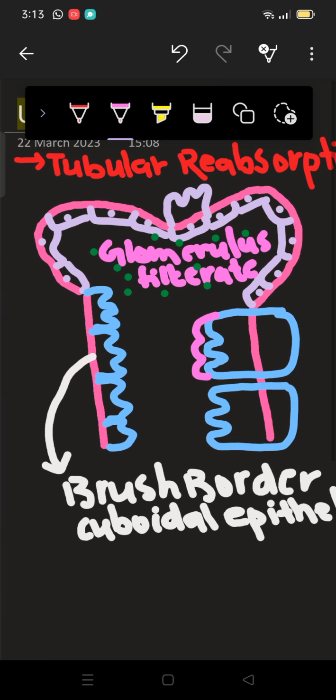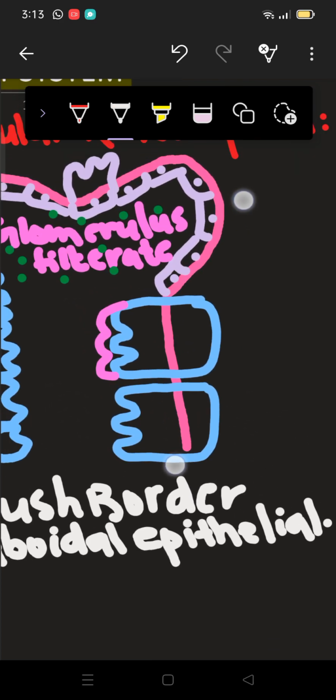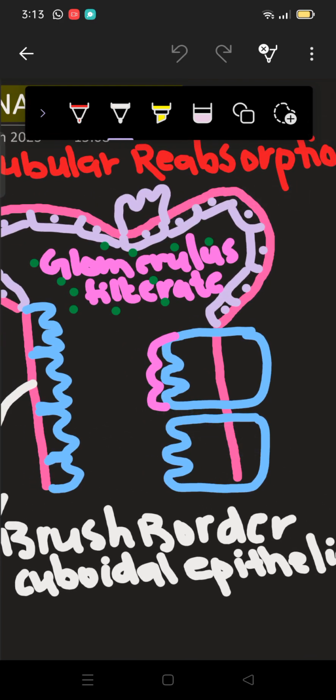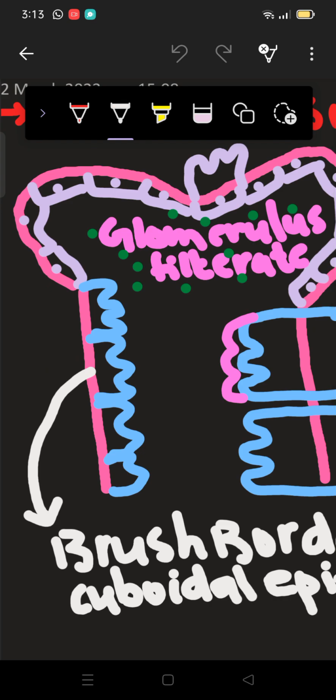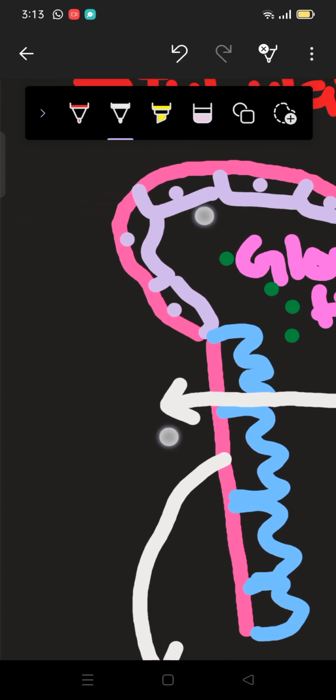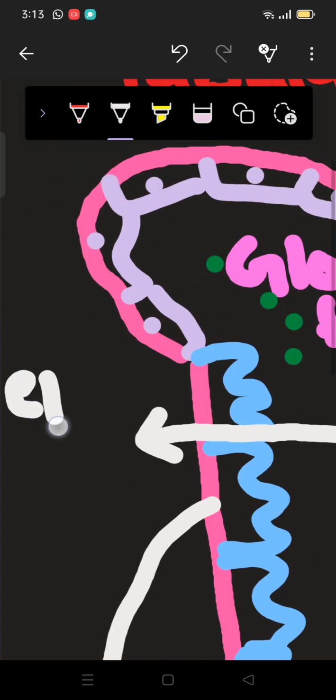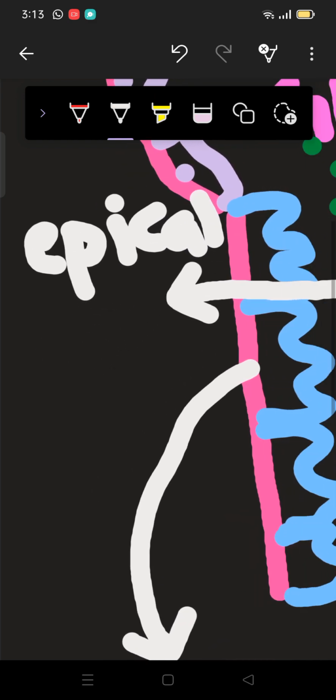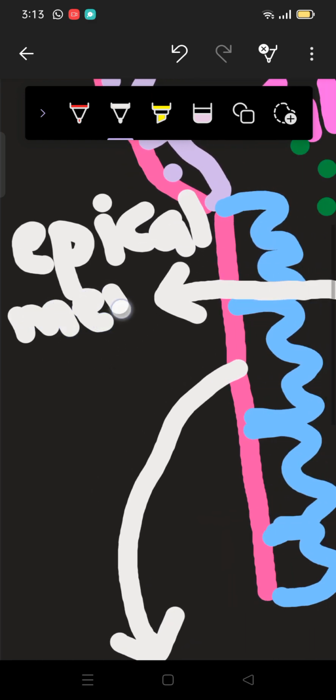Let me write it down. This is the apical membrane.